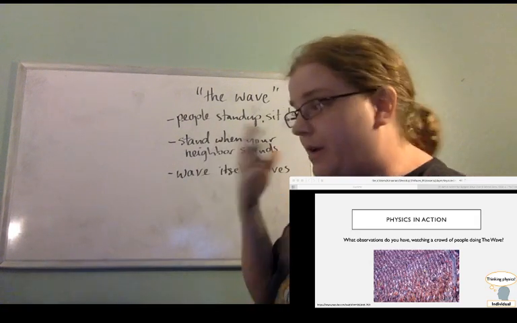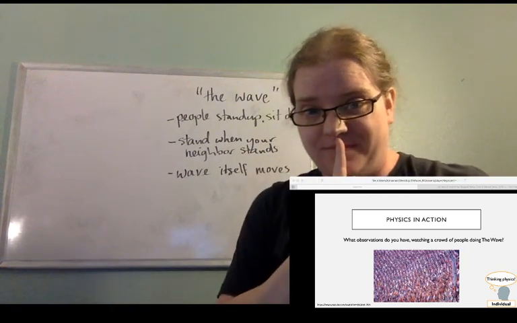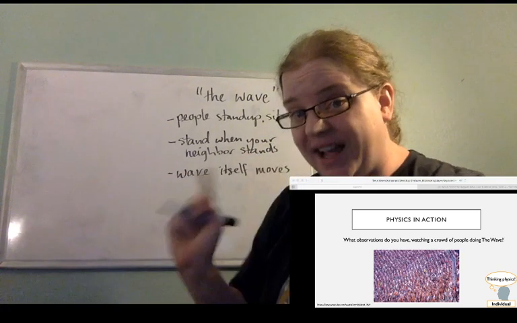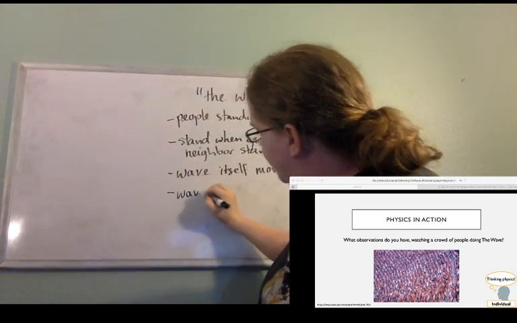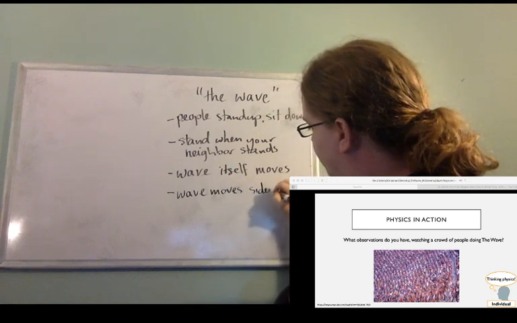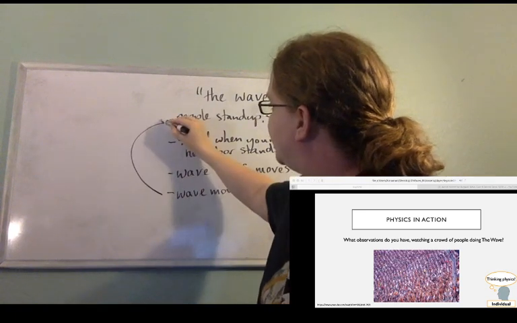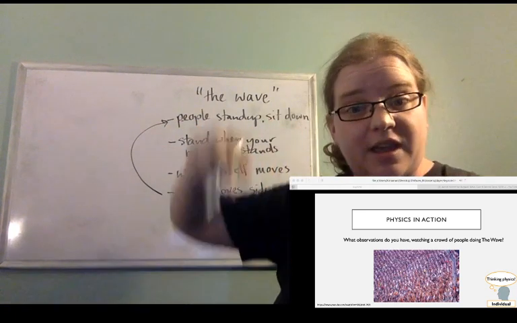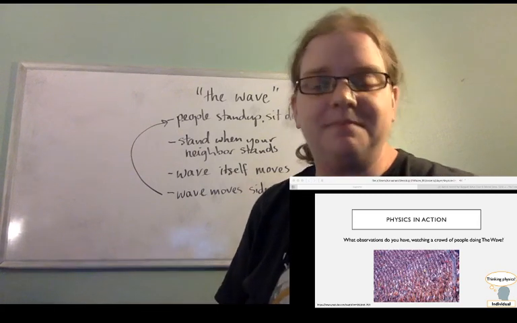It's coming towards you and then it can go past you. But the wave moves sideways. So in this example, our wave moves sideways, even though what's interesting is the people we first saw, they go up and down, right? So that's interesting.